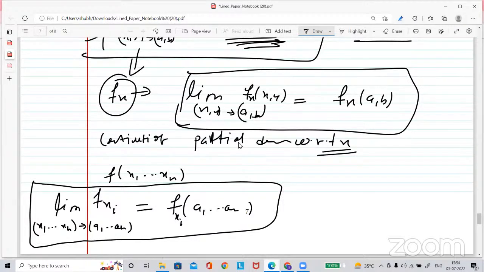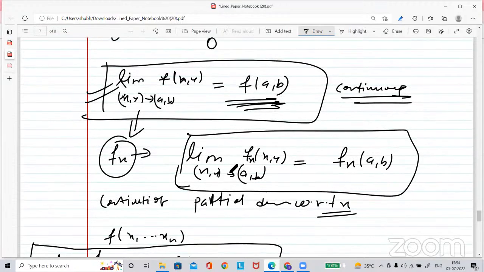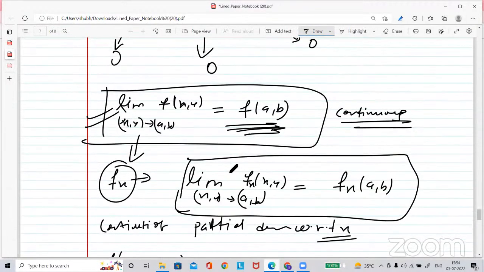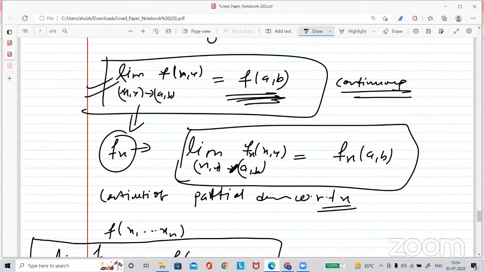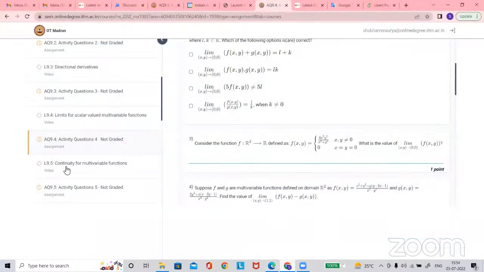There is no difference in the continuity. It is the same definition as you did for continuity of a function, now for the partial derivative. That's all. That's the finishing of this lecture. This 5-4 is done. Continuity is one condition: limit should be equal to the value of the function.